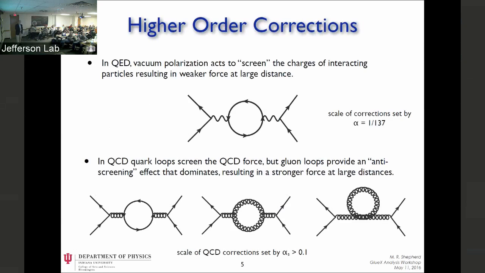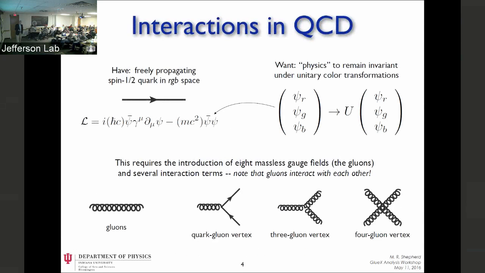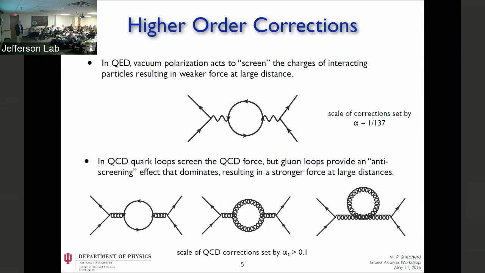And so why are these types of vertices interesting? Because when you look at the interaction between a quark-antiquark, in QED, you'd have just a screening effect, a vacuum polarization effect. And in QCD, you have something like that. You get a quark loop, but then you also have these gluon loops. And these actually produce an anti-screening effect that makes the force really, really strong at larger distances.